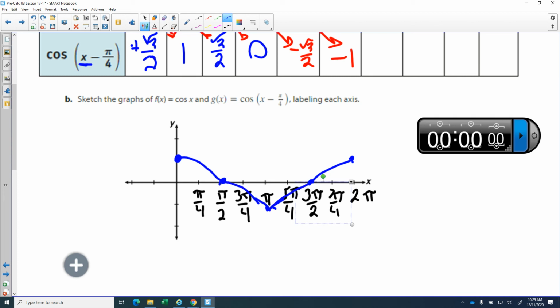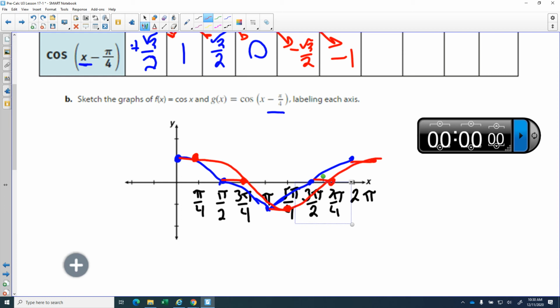So what's going to physically happen after I do this transformation? Well, it's going to physically move each of my coordinates over by pi over 4. So I'm going to take this coordinate and move it to this position. I'm going to take this coordinate and physically move it by pi over 4 to the right, and that happens with all of these coordinates.